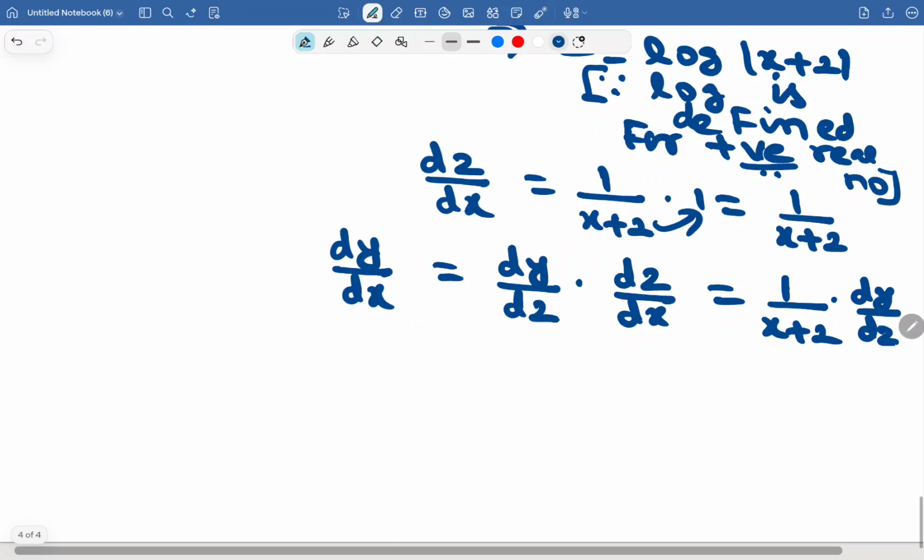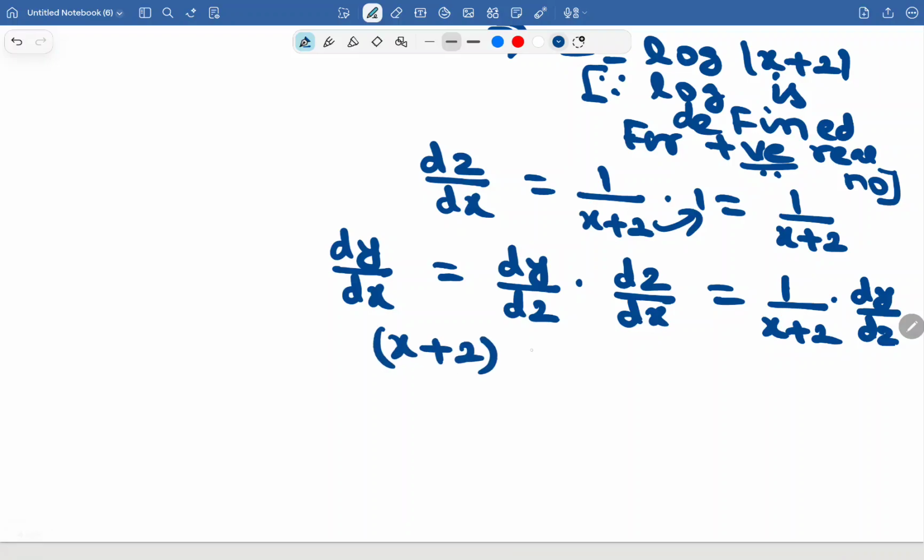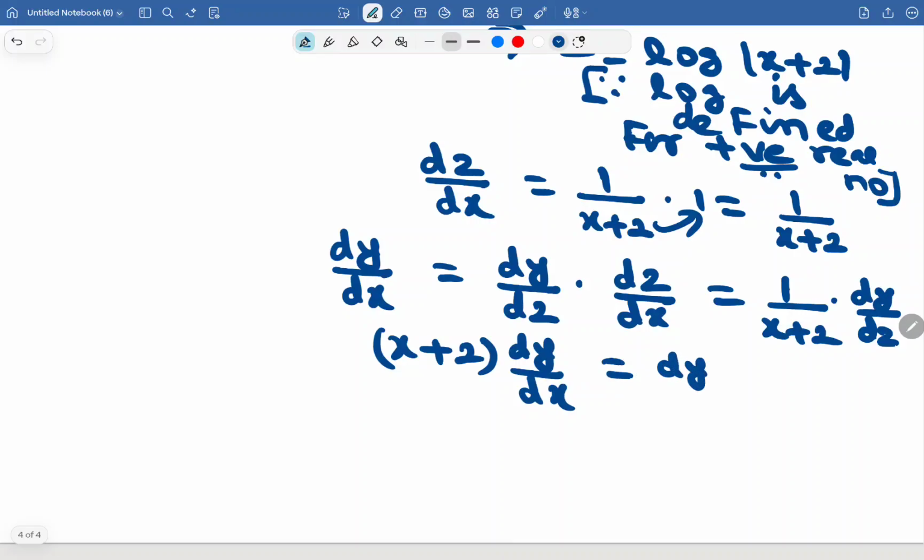Cross multiplying, x plus 2 dy by dx is equivalent to dy by dz. It can be further written as x plus 2 D of y is nothing but D1 of y.